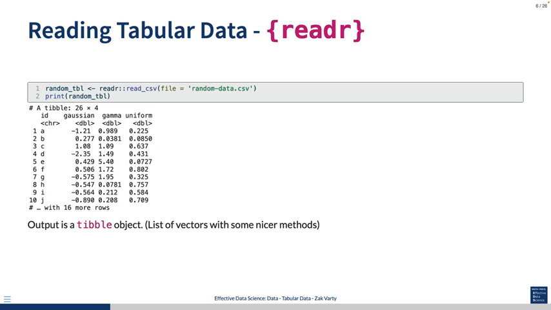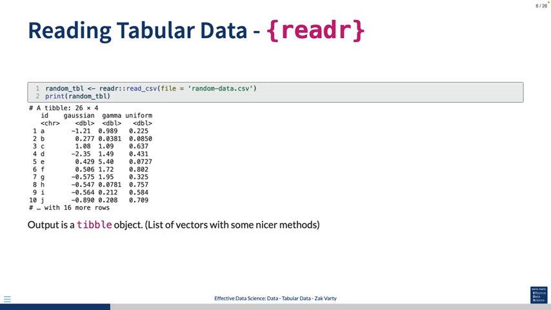What's different here is the type of object that's output. It isn't a data frame anymore, but it's a tibble object. And this is an object that you might not have come across before. But this is exactly the same as a data frame in that it's a list of vectors with some nicer methods associated with it.